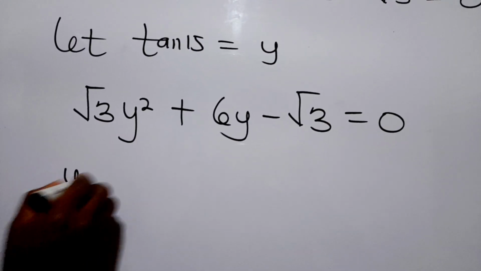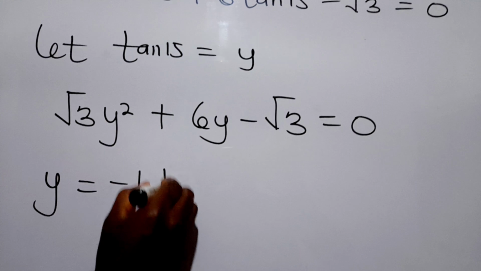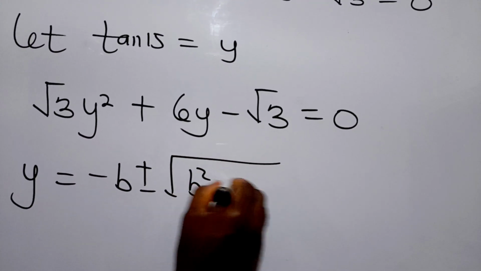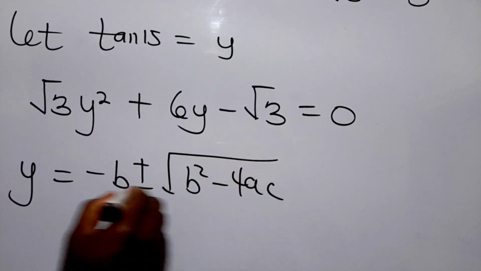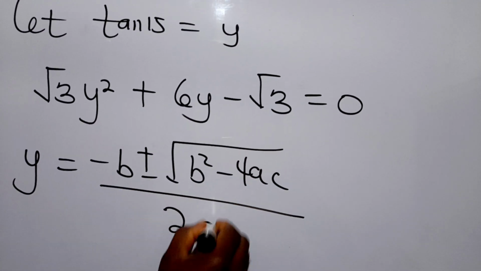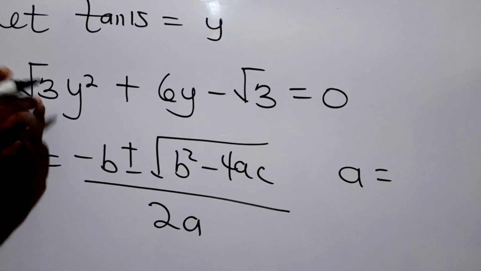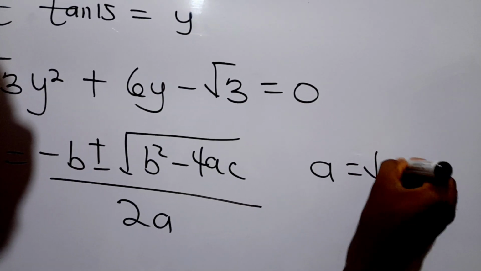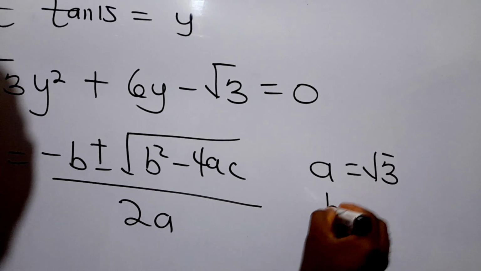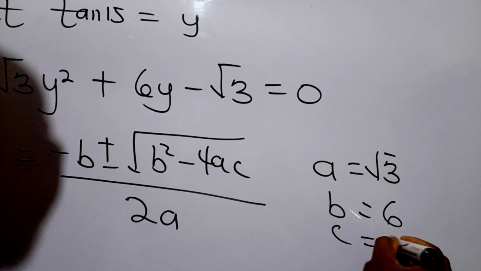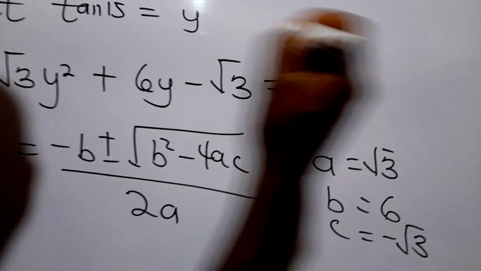So we can say y is equal to negative b plus or minus the square root of b squared minus 4ac over 2a, where our a will be equal to root 3, b will be equal to 6, and c will be equal to negative root 3.